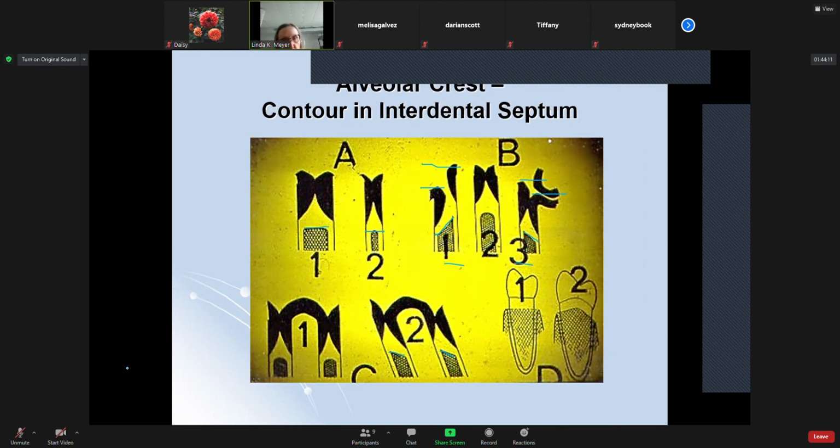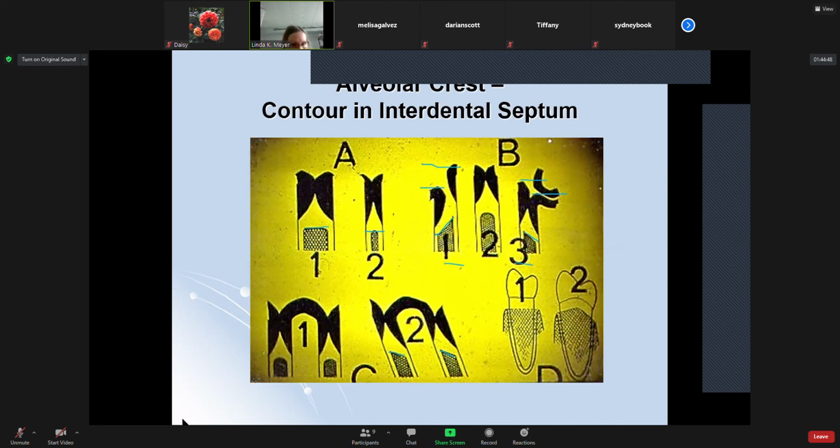I want to show you that in all these pictures, even though the crest contour is a little different, they're all healthy situations. Now remember, in a posterior, the interdental septum is going to be a little wider. So here we see the contour is evenly rounded. And an anterior tooth is shown here. We know that the interdental septum is narrower and the CEJ comes up higher. So this is evenly pointed.